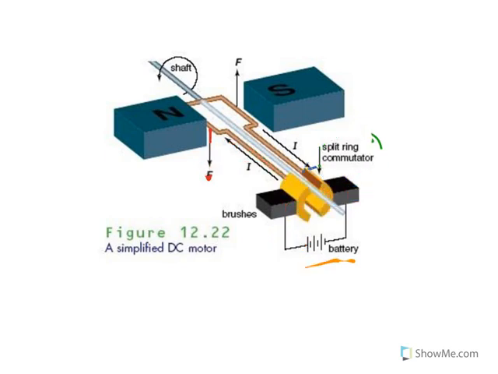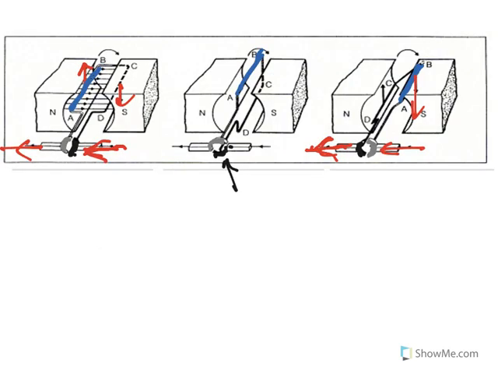Let's get rid of all of that stuff. Alright, this is it right here, the split ring commutator. So what does it do? It reverses the current around the loop, and by doing that the force changes, keeps the thing rotating.